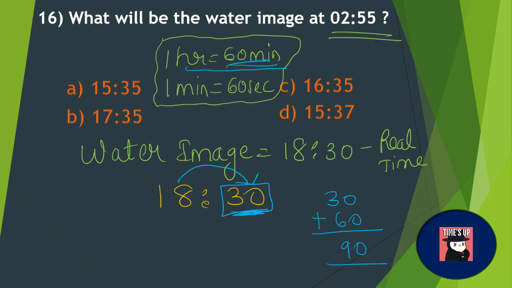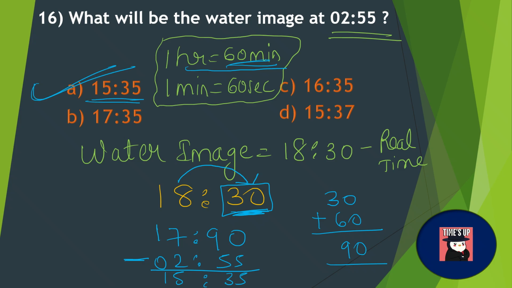So it will come to 17:90 minus 2:55. Now you can subtract. That will come to 15:35. Now 15 means what? 3. Correct? But 15:35 is already directly given, so A is the correct option. But if they give 3:35 instead of 15:35 as the answer in the option, this will be correct because 15 means 3.